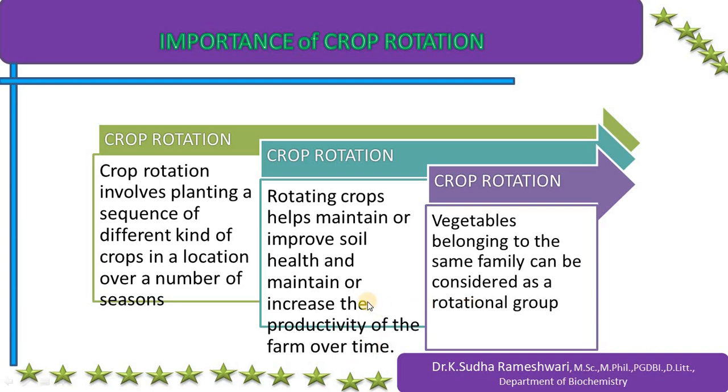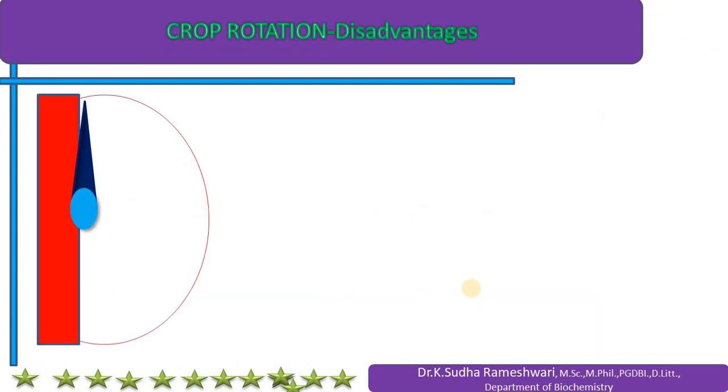To get the most benefit from rotation, growers should schedule sequential plantings based on rotational groups of plants belonging to the same plant family. Vegetables belonging to the same family can be considered as a rotational group because they are susceptible to many of the same diseases and insect pests, share similar nutrient requirements and are treated with similar pesticides. That's all about the importance of crop rotation.